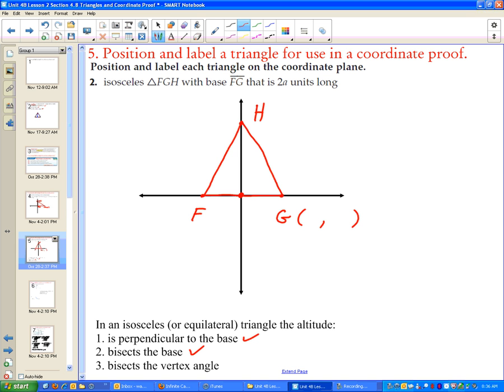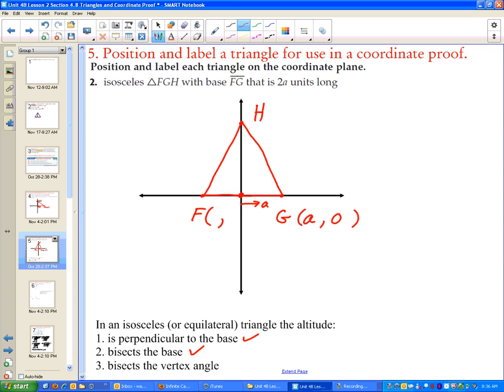That's how you get FG to have a distance of 2A. So if I start at 0, 0, and I go to the right a distance of A, where do I end up? I end up at point G, and that x-coordinate is A. Does that make sense to you? What's the y-coordinate? 0.